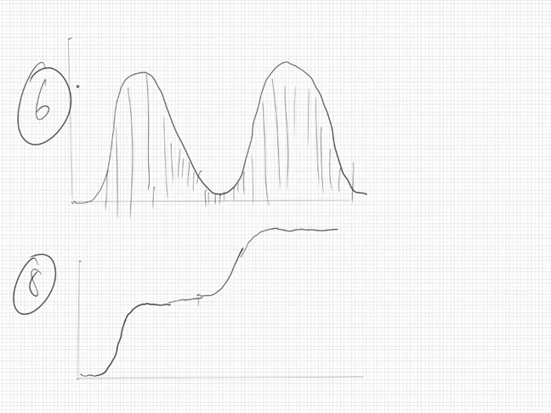So they give you 4 of these graphs and then 4 of the answers, and you're to match them up. So you need to be able to go from the description to the graph and backwards, from the graph to the description. And please note, the answers for 3 and 4 are backwards.